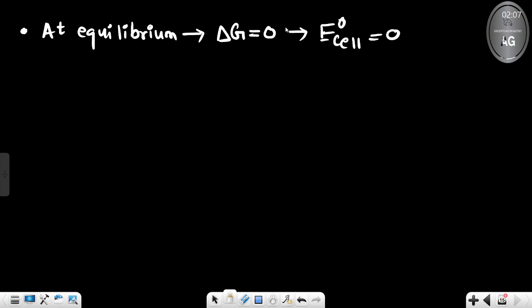So at equilibrium, E cell becomes 0, and E0 cell, whatever it was, will remain. Clear? So at equilibrium, delta G will become 0, and E cell also becomes 0. No issues?